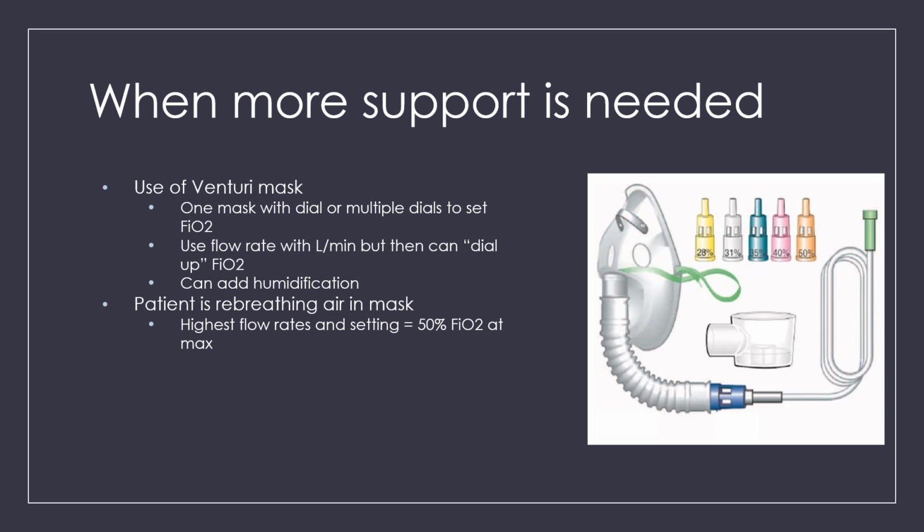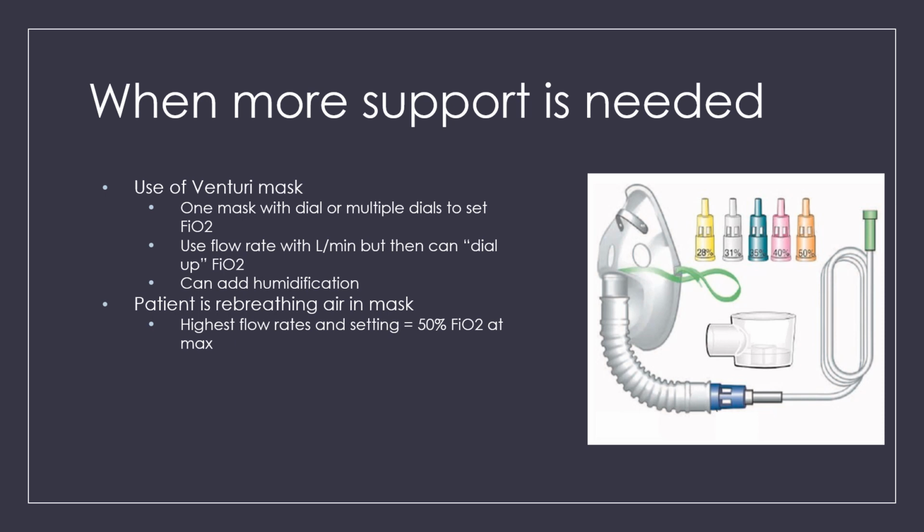So when more support is needed beyond that provided by the nasal cannulas, high flow, or low flows, in different instances, we may see that the patient is using a Venturi mask. This is a simple face mask that has an attachment that allows for us to dial up the fraction of inspired oxygen.